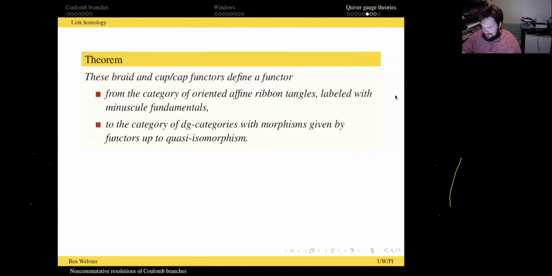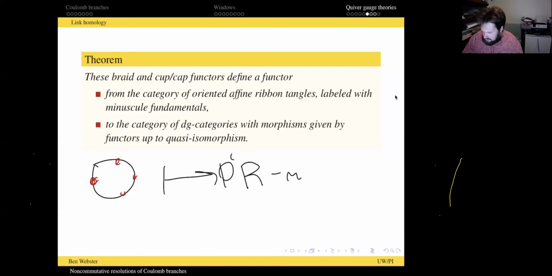When I say there's a functor to DG categories, what I mean is I can take this picture with the red strand sitting here, and that goes to the derived category of R modules, maybe finite dimensional if you want.